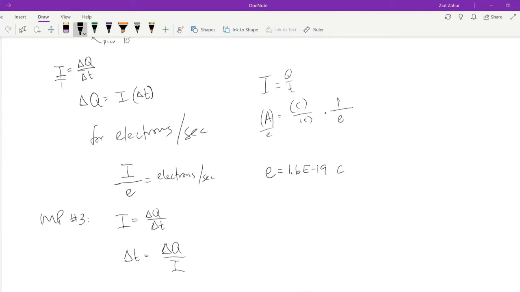So delta Q is the charge, so that's given. Charge, and just divided by the current. Okay.